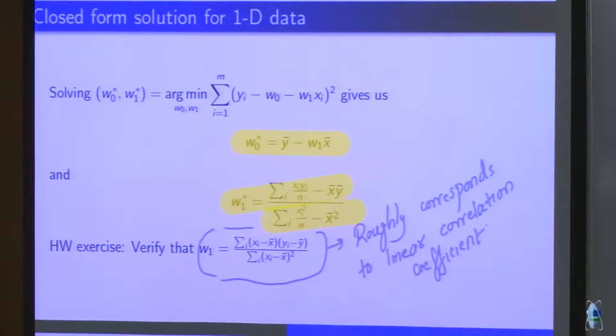Okay, I should remind you that in this specific simple example, we assume that phi 1 of xi is nothing but just xi, where xi itself was just a real scalar, and phi 0 of xi was 1.